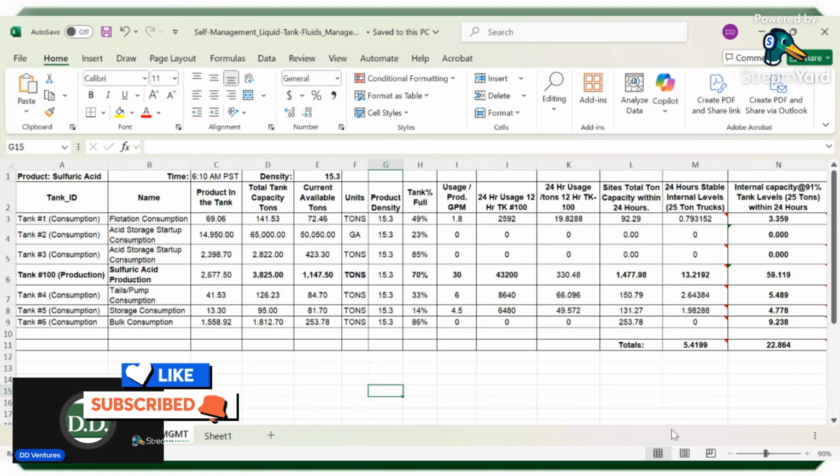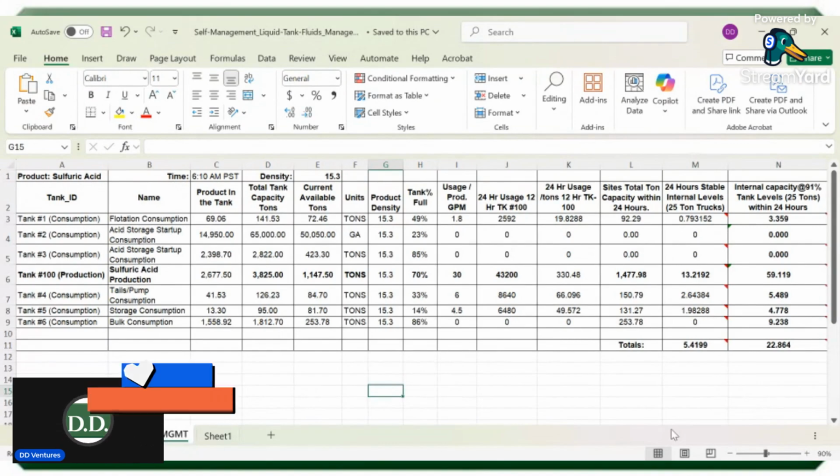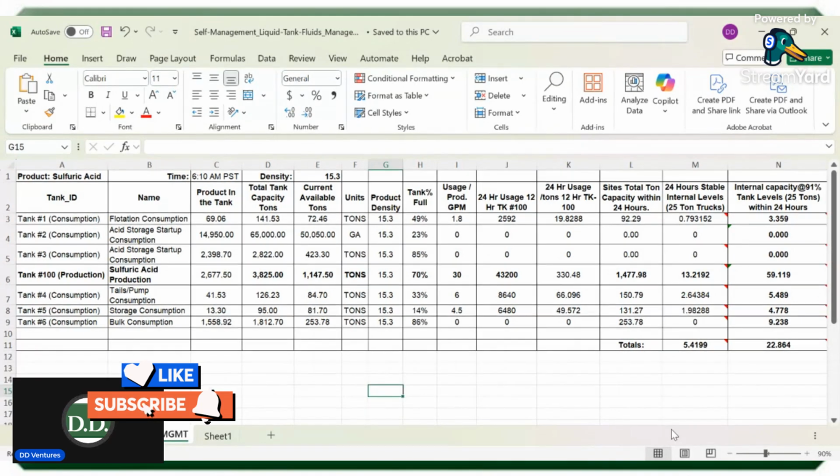And if the consumption tanks end up going over capacity, we need to go out to the market and either give it away or sell it. Ideally, we want to sell it, but within sulfuric acid, there were a lot of scenarios where we were just getting them to pay for freight.